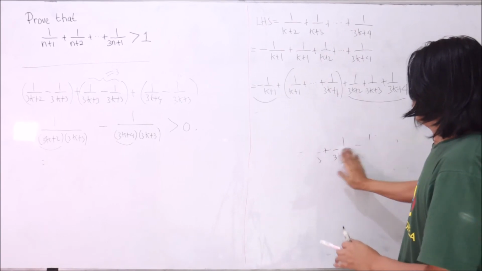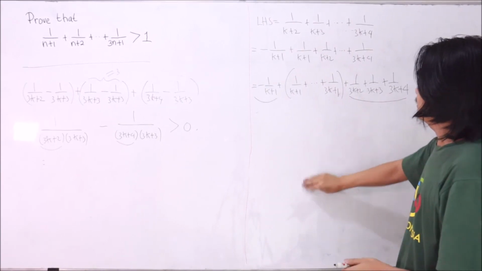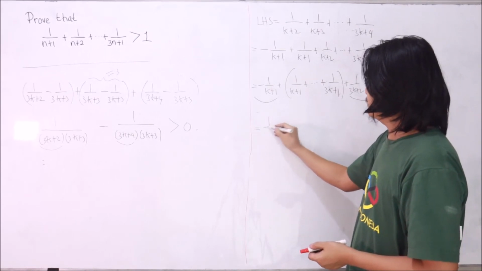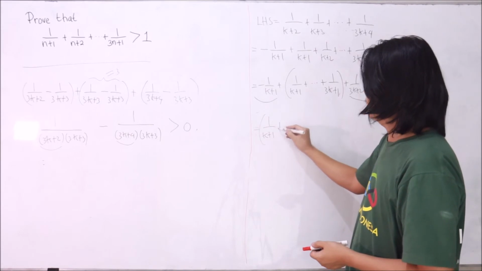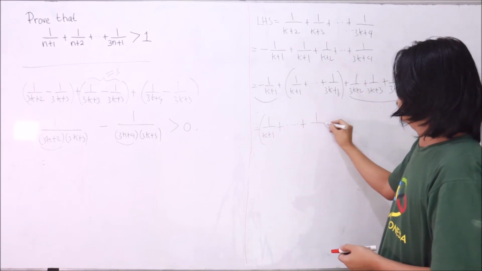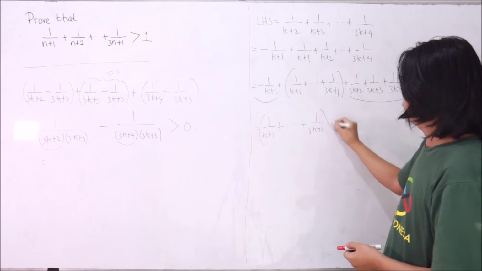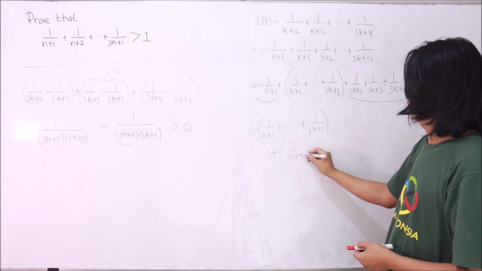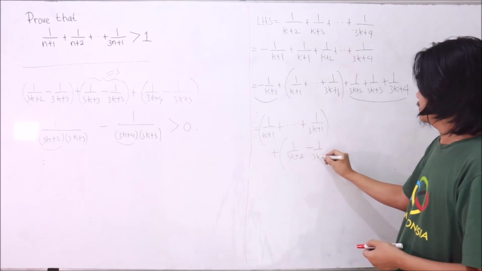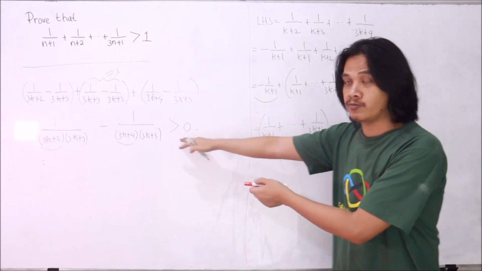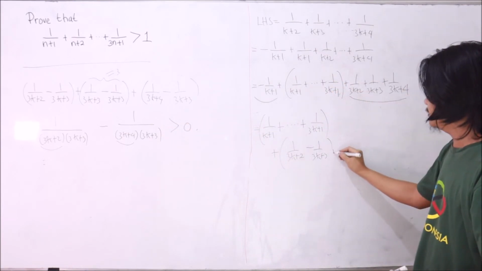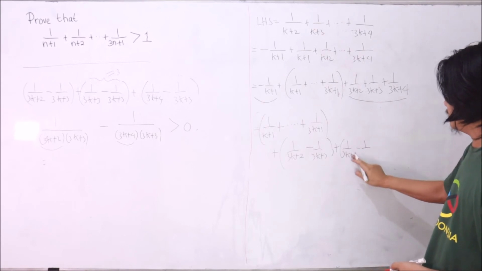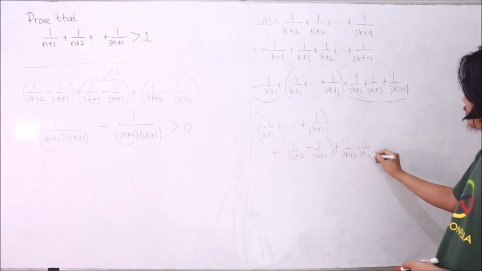So we're still looking at the left hand side, and then we say that this is equal to 1 over k plus 1 plus 1 over 3k plus 1 plus, this is exactly what we wrote down over there, 1 over 3k plus 1 minus, sorry, 3k plus 3.